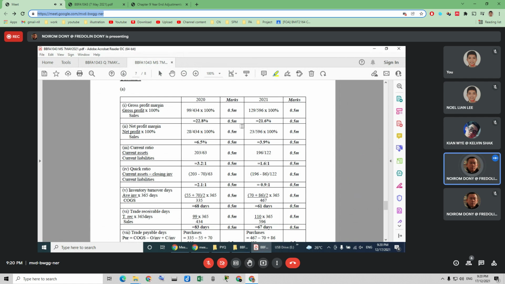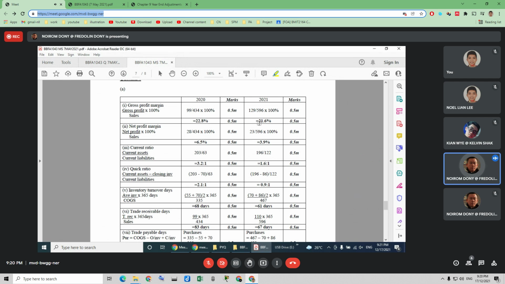This is what happened, if you look at our notes, due to higher cost of goods sold, isn't it? That is the reason. So this one is more or less the same thing, because cost of goods sold increases.